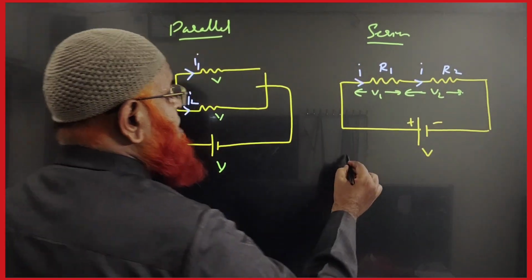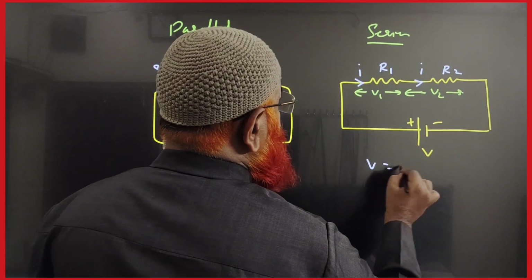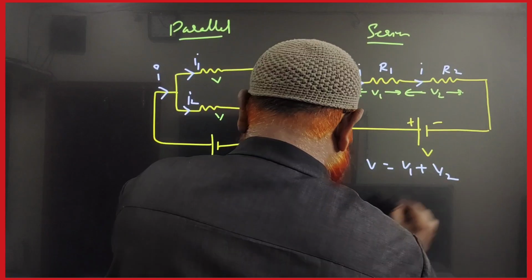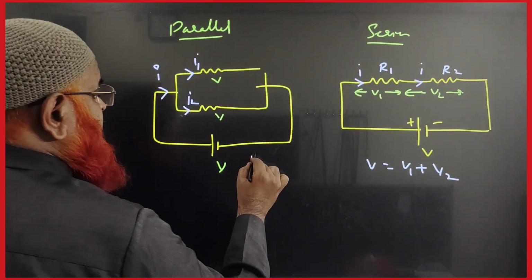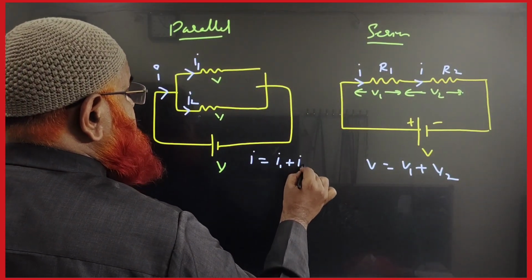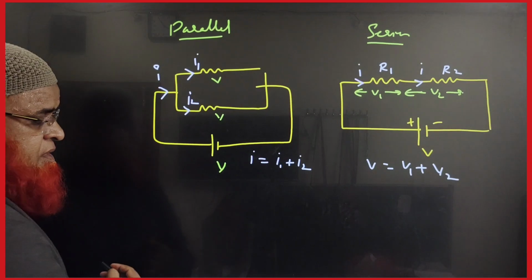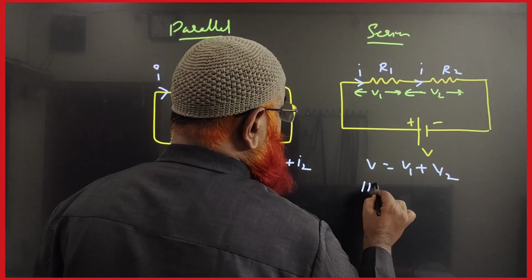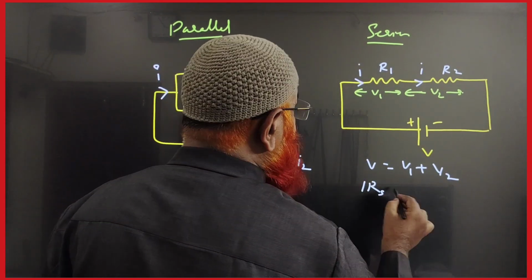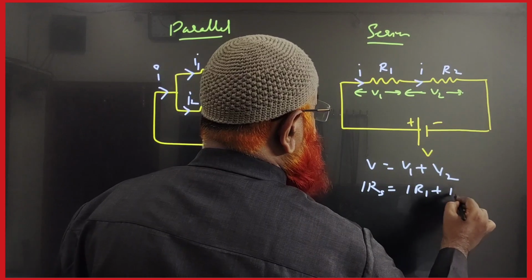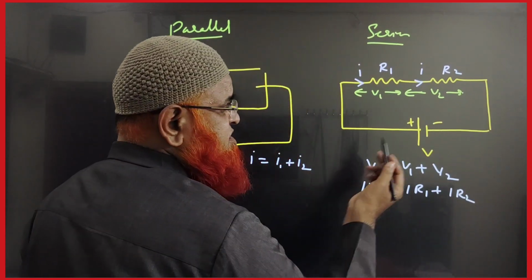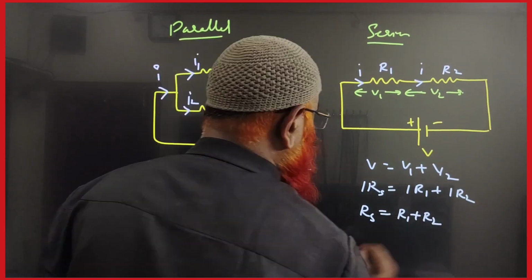In series connection, you have to write V is equal to V1 plus V2. In parallel connection, you have to write I is equal to I1 plus I2, because current is divided here, isn't it? So here, according to Ohm's law, V is equal to I R series, I R1 plus I R2. Current is same in this case, so current gets cancelled, R series is R1 plus R2.